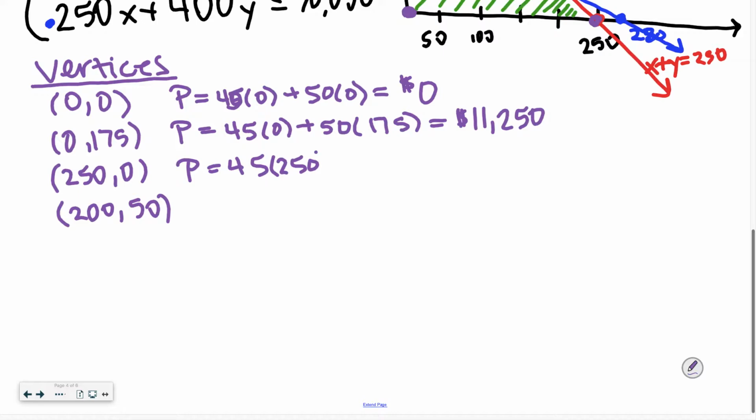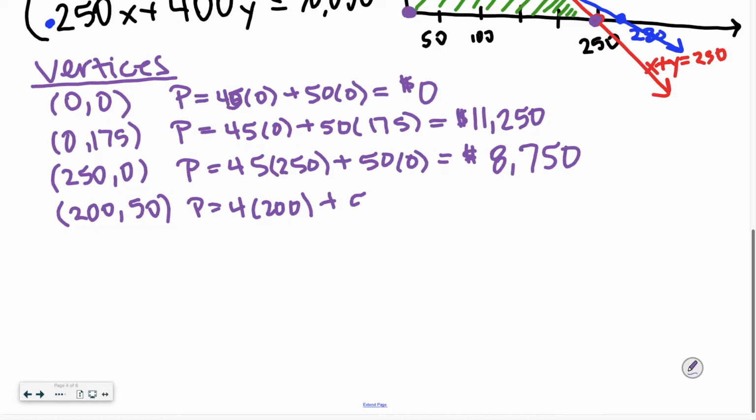45x plus 50y would give us a profit of 8,750. And then this one, I got 13,750.